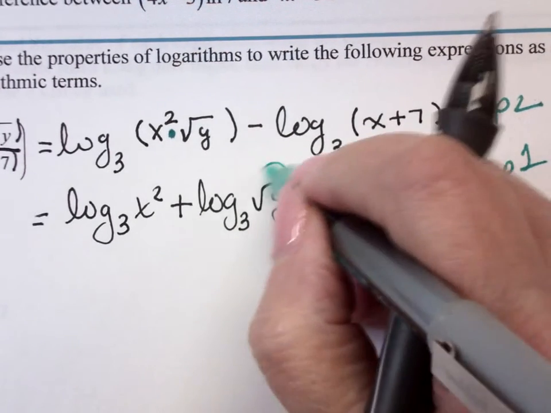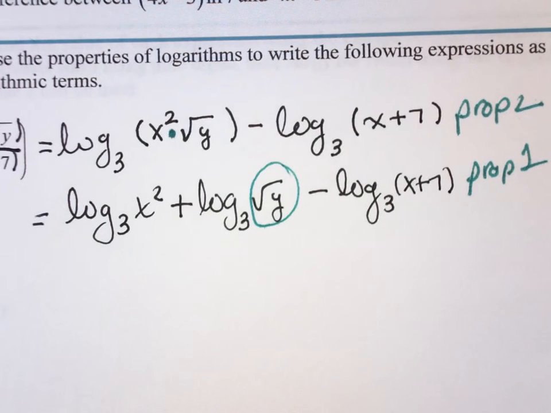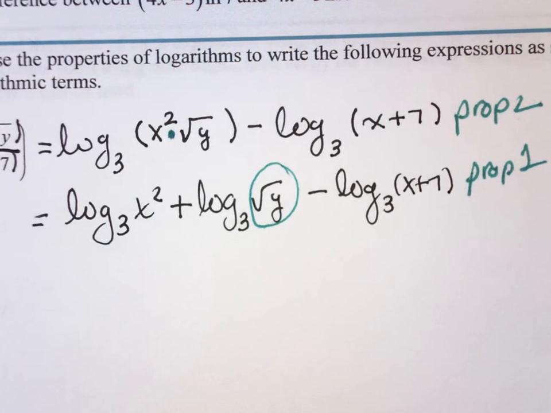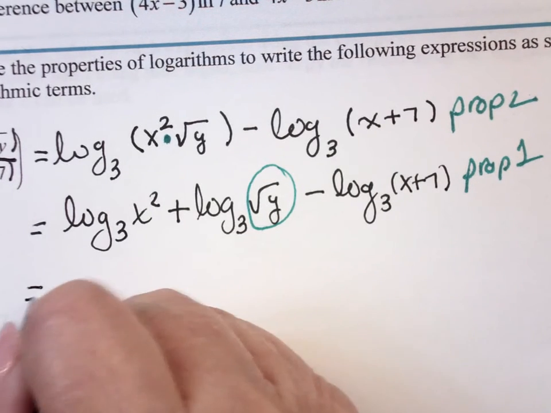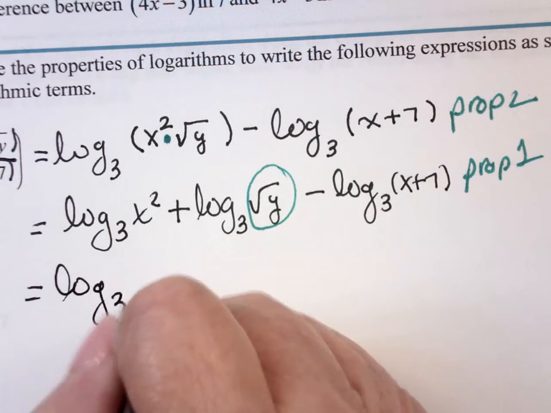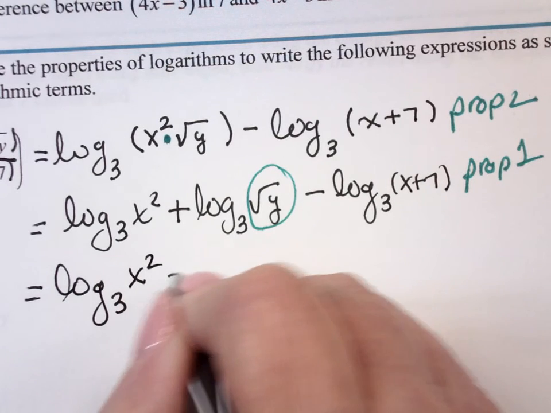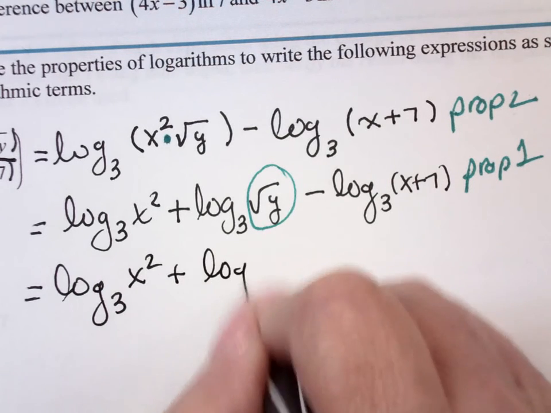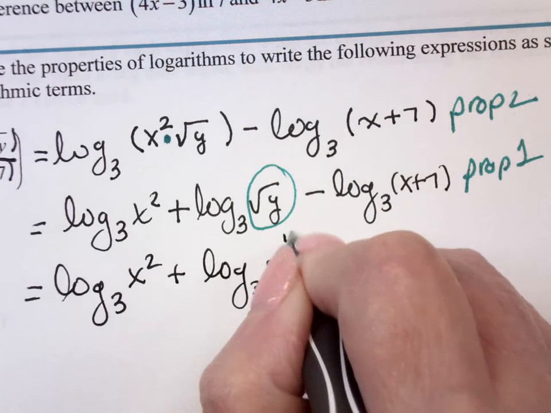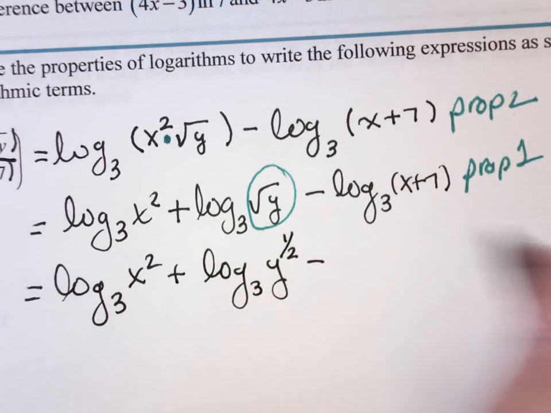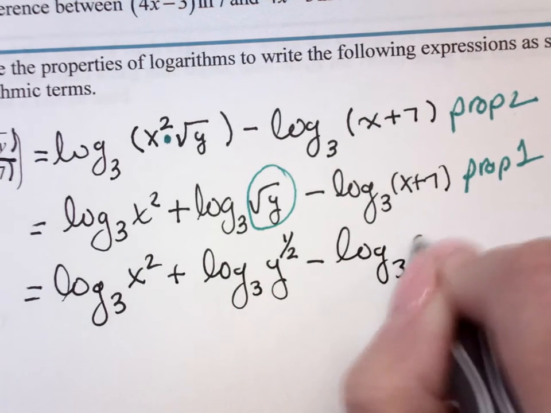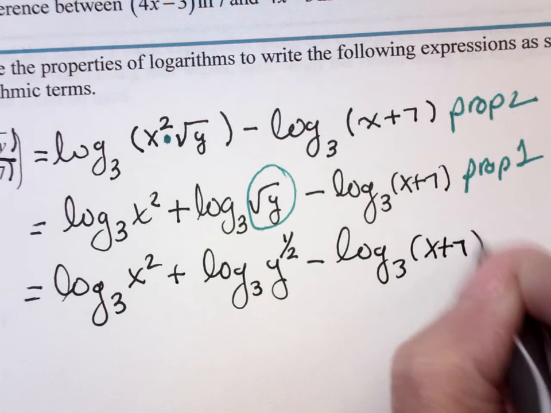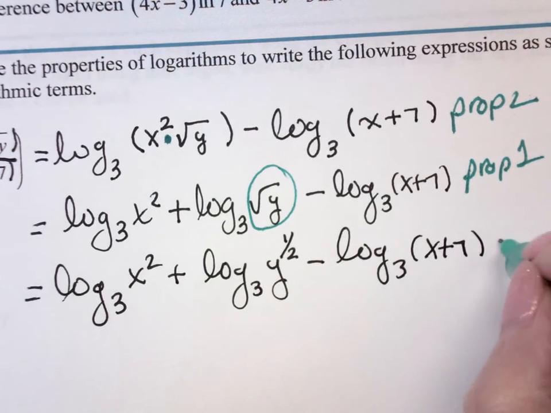Now, how can this guy be rewritten? y to what power? 1 over 2. So this is the same as log base 3 of x squared plus log base 3 of y to the 1/2 minus log base 3 of x plus 7. And that's just a rewrite.